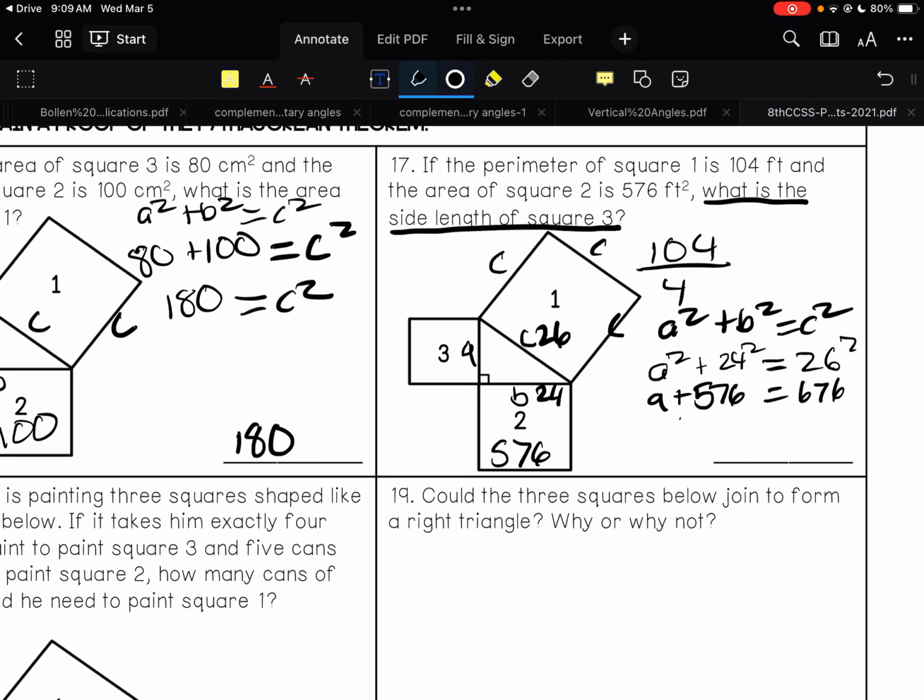And when you subtract the 576, you get that A squared is equal to 100, and then the square root of 100 is equal to 10. So the side length of 3, or A, would be equal to 10.